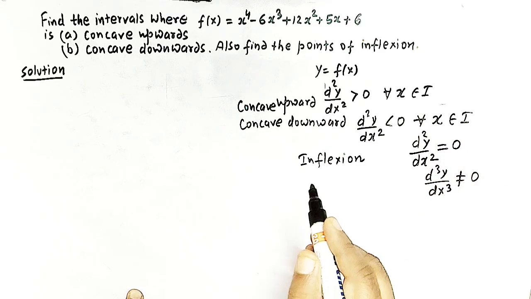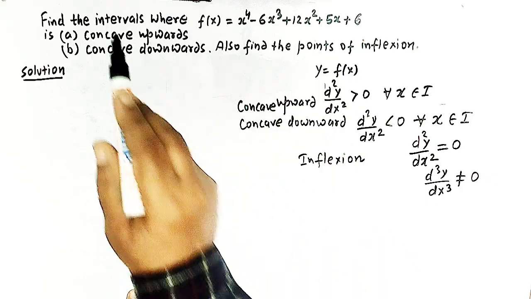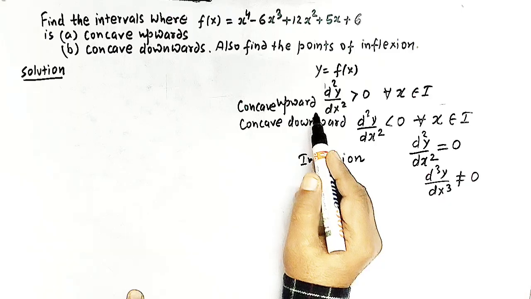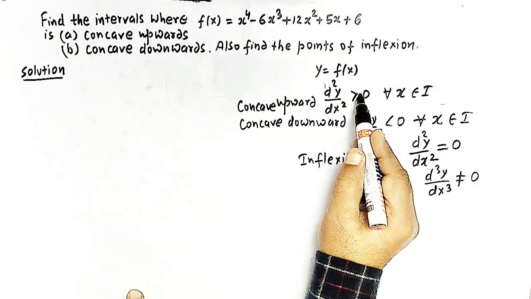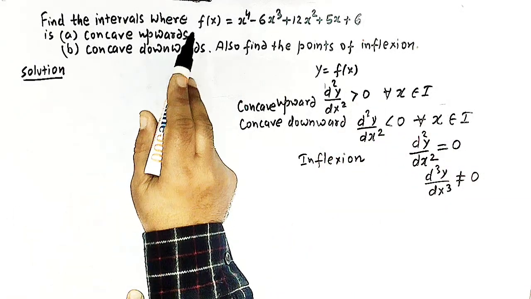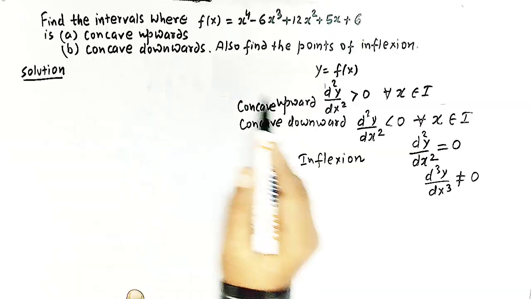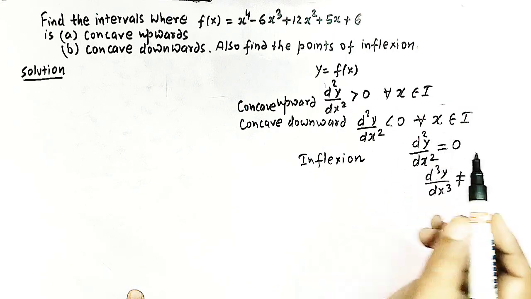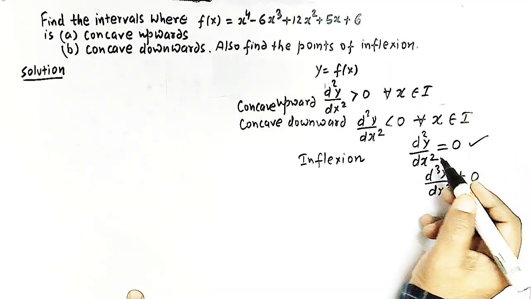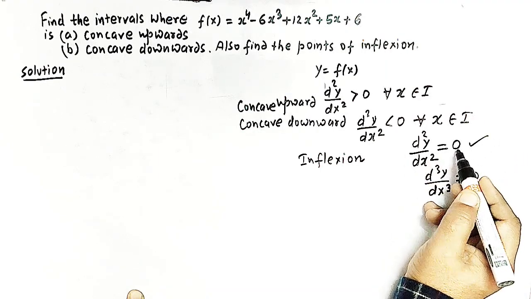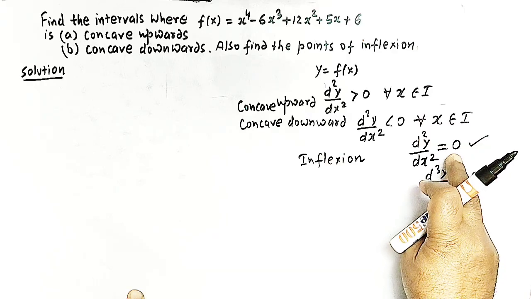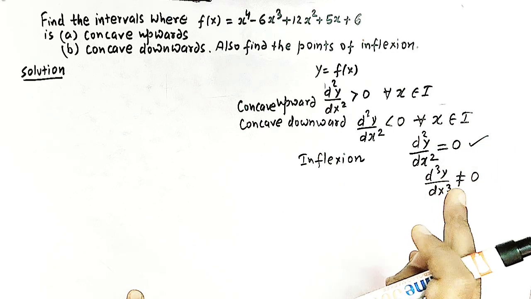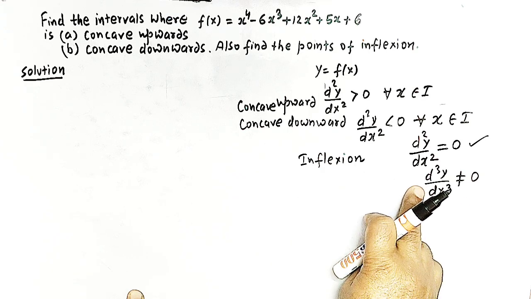So the working rule for getting the intervals where this function is concave upwards is given by this condition, and this function is concave downwards when we have this condition. And for the points of inflection, we first equate the second derivative to 0, then from this equation we find the values of x, and then we find the third derivative.